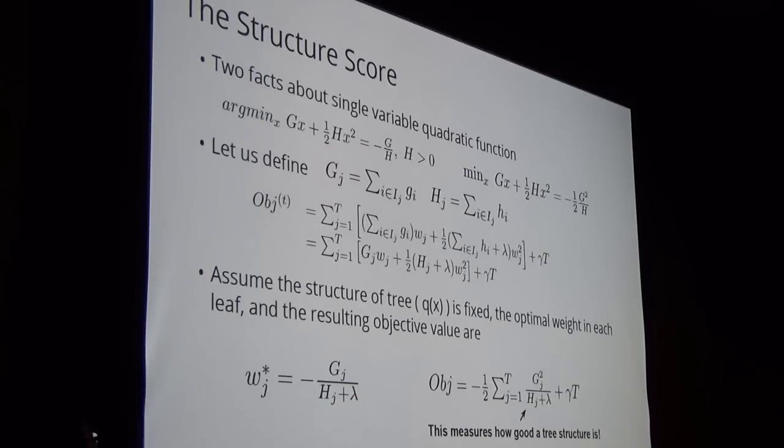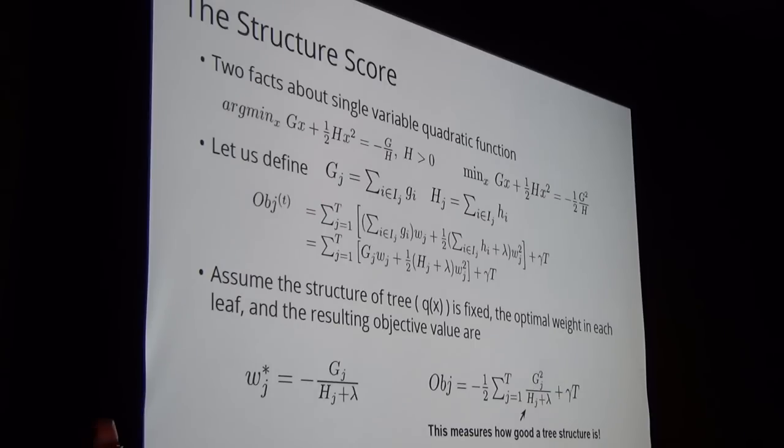So now we have a sum of T independent quadratic functions, and what we want to ask is: what is the optimal weight we can put in so that we can fit the tree best? To do that, you can take the gradient of the quadratic function and calculate its minimum, which by definition is this one, and plug that back into the original objective function.